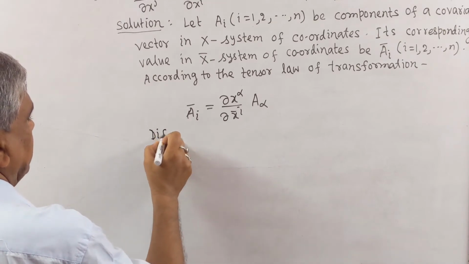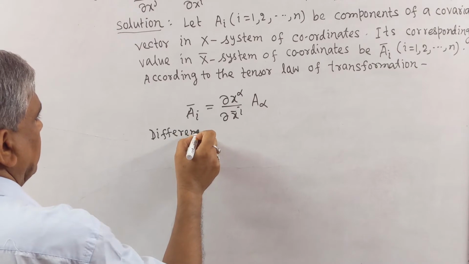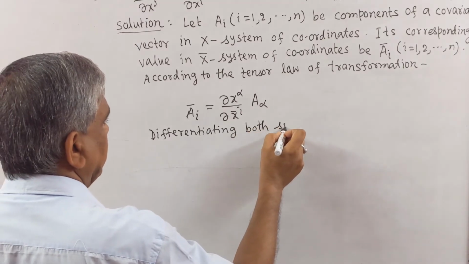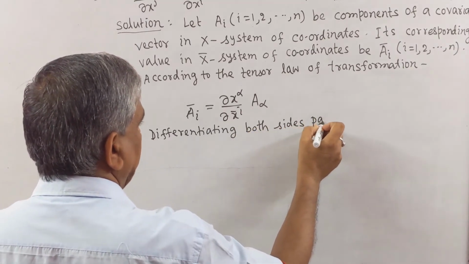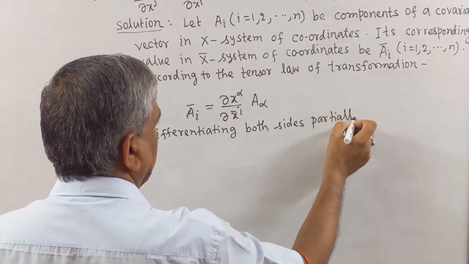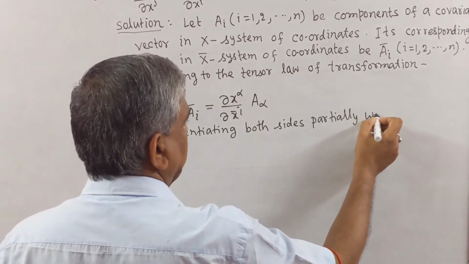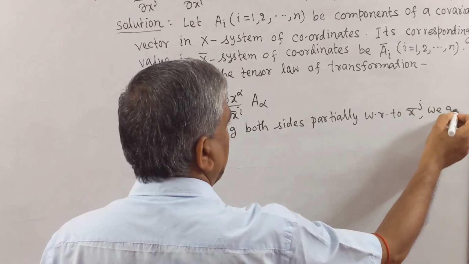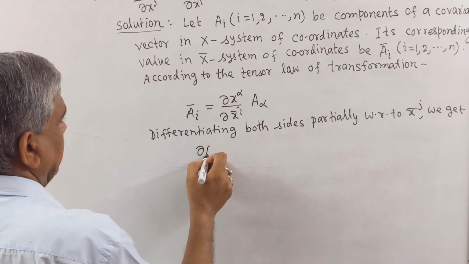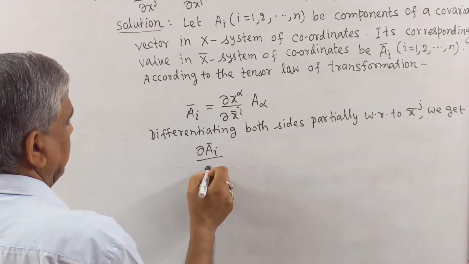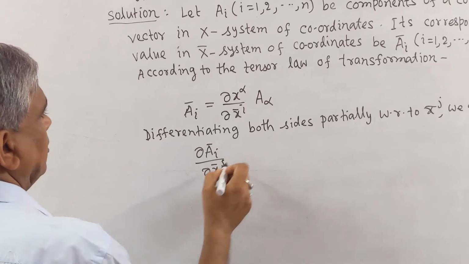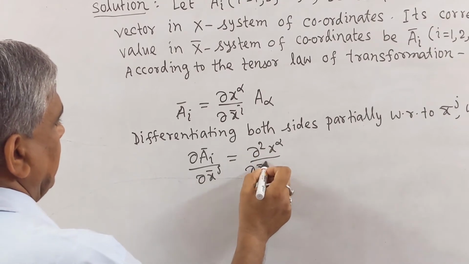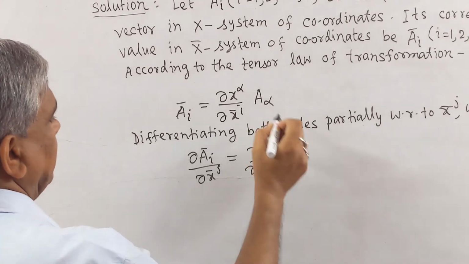Differentiating both sides partially with respect to x bar j, we get del a bar i by del x bar j equals del 2x alpha by del x bar i del x bar j, a alpha remains same.